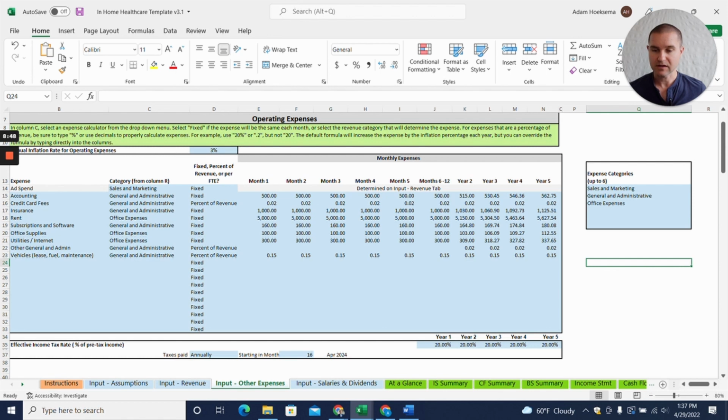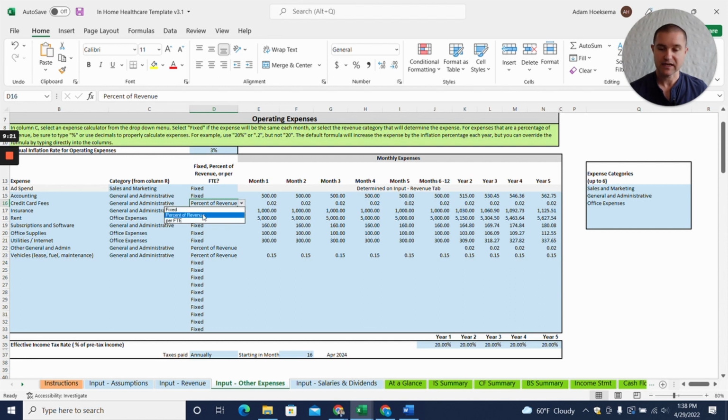And then the other key thing to point out is that you can add these expenses in 3 different ways. They can be a fixed dollar amount, meaning it's the same dollar amount every month, and then with an annual inflation rate that you can set up here. Or you can make the expenses a percentage of revenue. So a good example of that is, let's say patients are paying via credit card, and there's a payment processing fee of 2%.